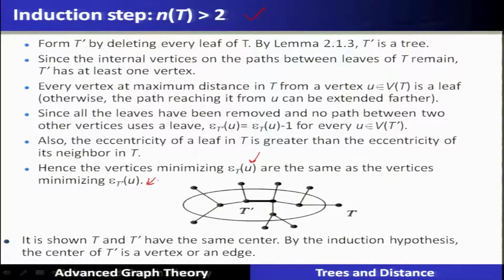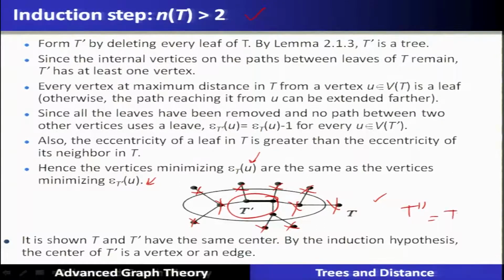So, let us assume here that this is a tree. If we remove these particular vertices, which are called leaf vertices, from T, then it will become T prime. In T prime also, if we remove these leaf nodes, then the remaining tree will be T double prime.